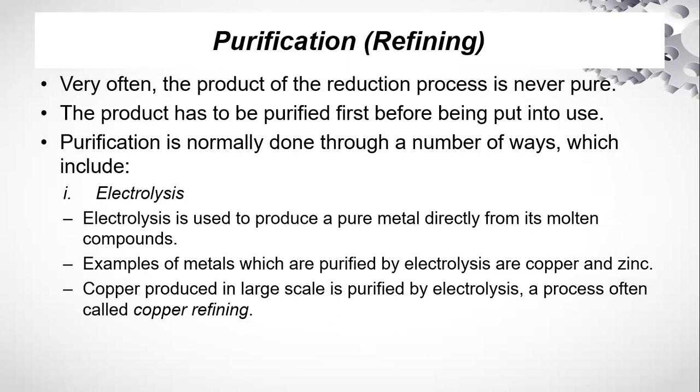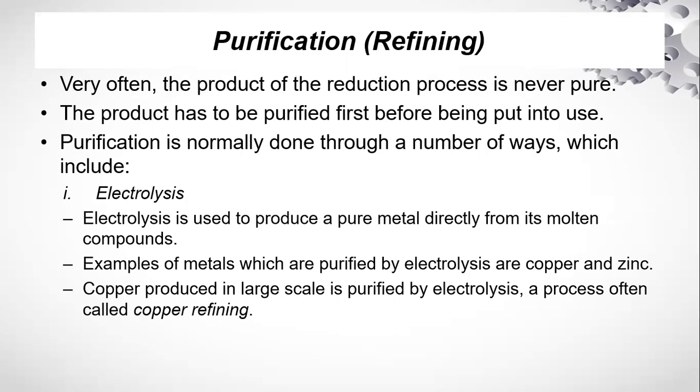The first way that can be used to purify the given product is electrolysis. Electrolysis is used to produce a pure metal directly from its molten compounds. Examples of metals which are purified by electrolysis are copper and zinc.